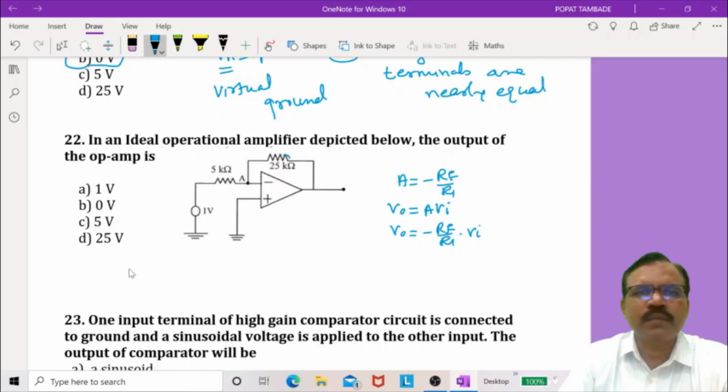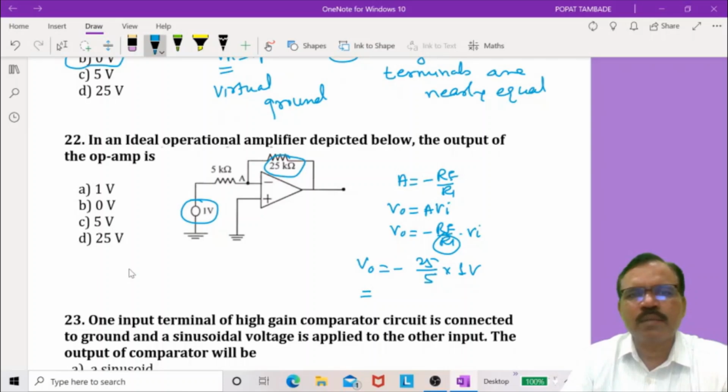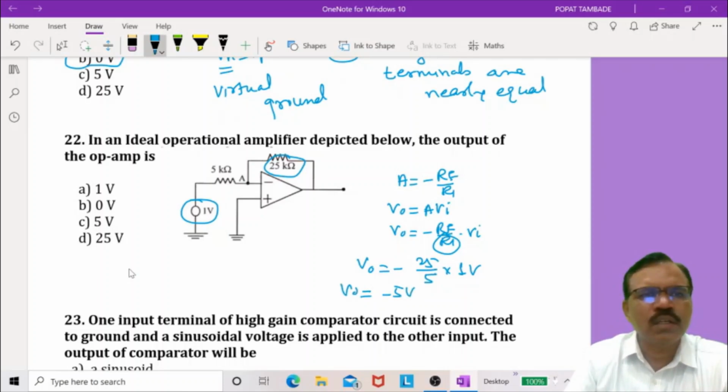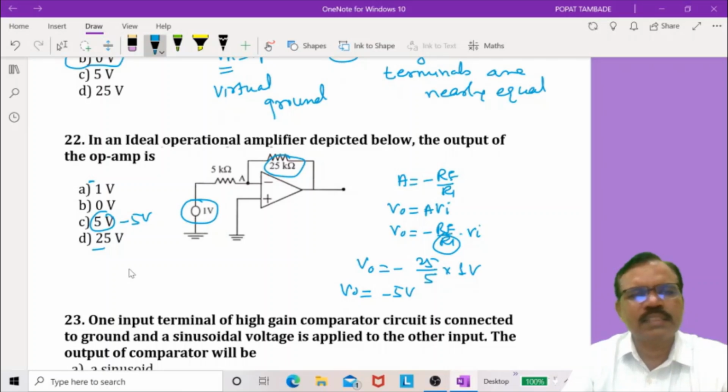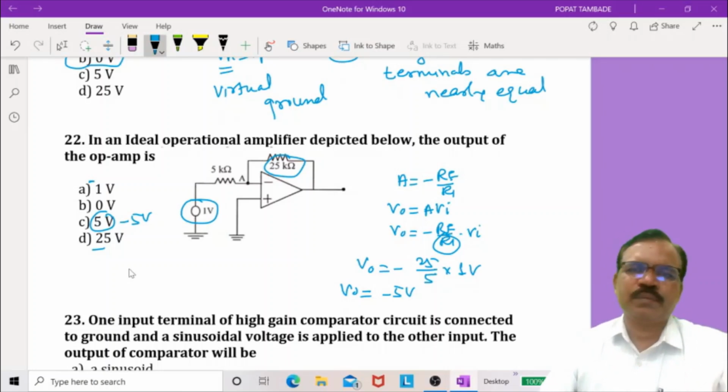Now Rf is 25 kilo ohm, R1 is 5 kilo ohm. So V0 is equal to minus 25 divided by 5 into the input, which is 1 volt. So we'll get minus 5 volt. So here there is no negative option, so we must have minus 5 volt. We can change this. So minus 5 volt.